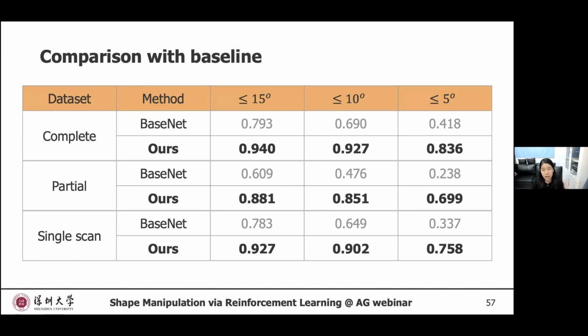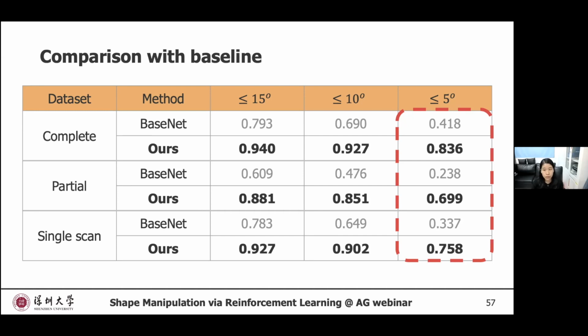We can see that our method generally produces more accurate results than BaseNet. The difference is more clear, especially when setting a smaller threshold. For example, the success rate at 5 degrees of Upright RL is more than 2 times higher than that of BaseNet for all 3 datasets.